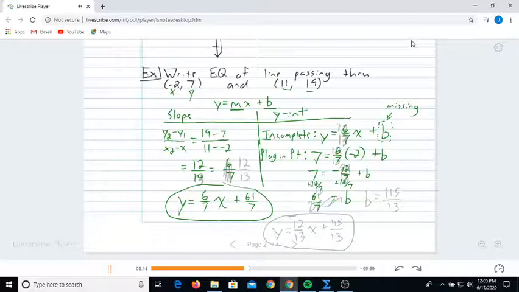Alright, did I make an error? That works. Hold on. 11 and 19.